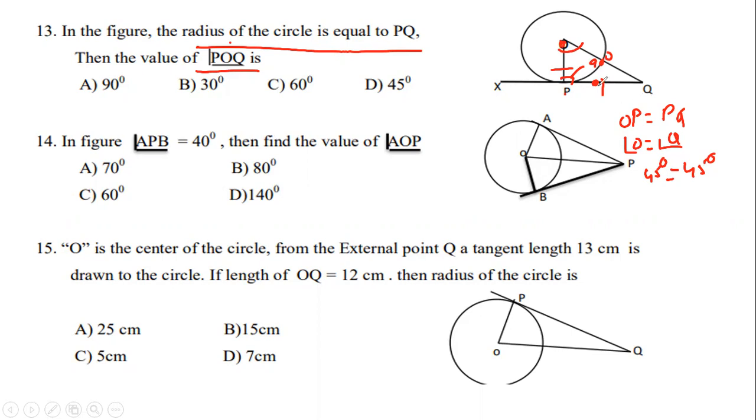It makes one complete triangle. Sum of the interior angles of a triangle is 180 degrees. You are getting it: this one is 90, this is 45, 45, so you will get 180. Which option is right? Option D is correct.